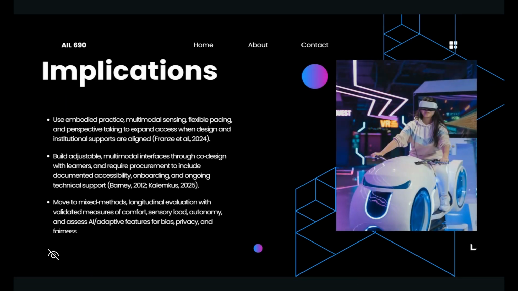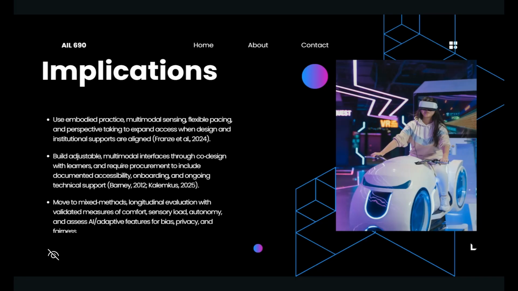So, throughout the literature, I found it's beneficial to use embodied cognition, flexible modes of instruction, and perspective to expand access in technology design to ensure institutional support. It's also important to build multiple interfaces for accessibility purposes through co-design.